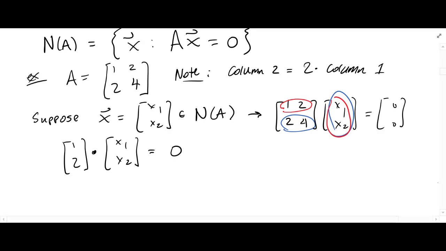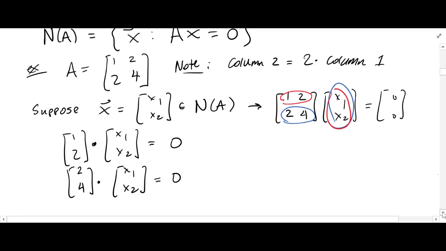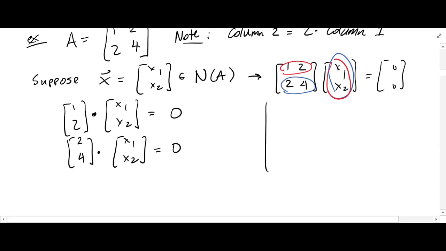So (2, 4) dotted with x is also 0. So x is perpendicular to both of the rows. This means x is perpendicular to (1, 2), and x is perpendicular to (2, 4).